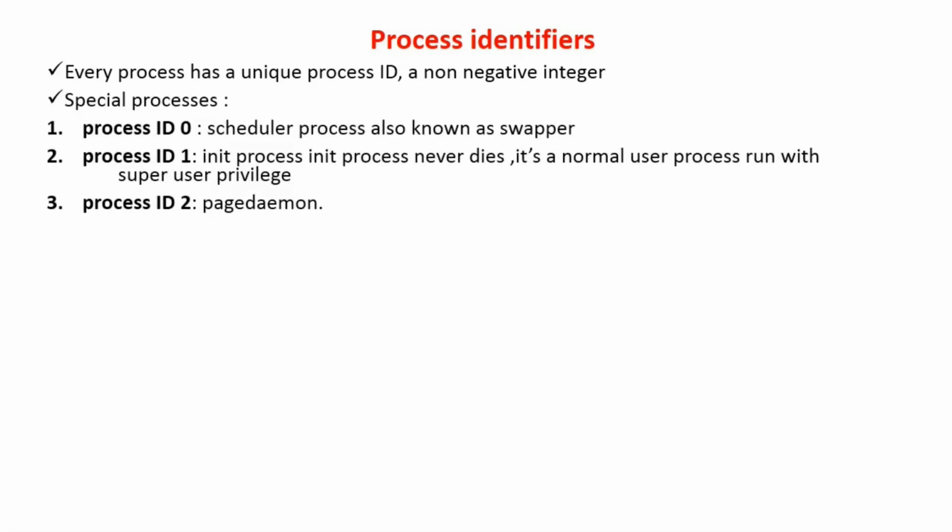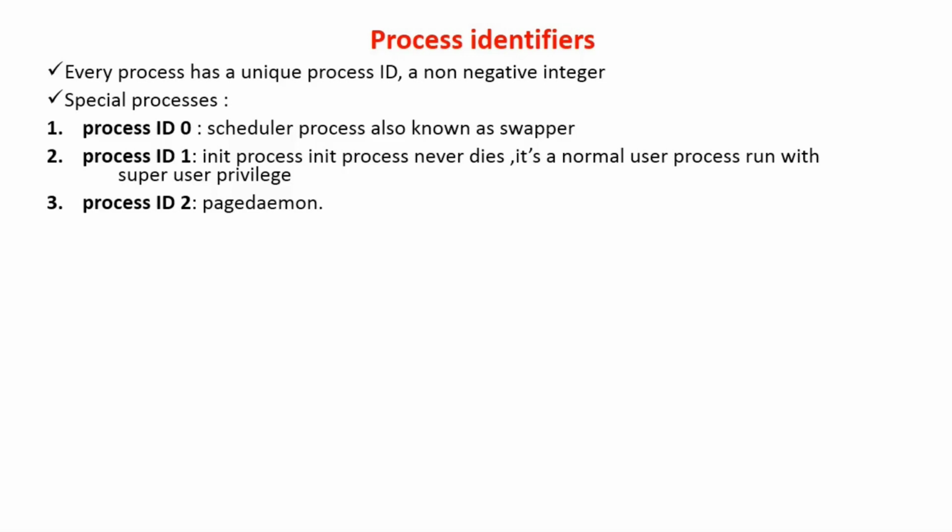Okay, so here there are three different special process IDs available in a Unix system. The first one is process ID 0, which is called swapper, which is used to schedule the process. Second is process ID 1, that is the init process. The process never dies.